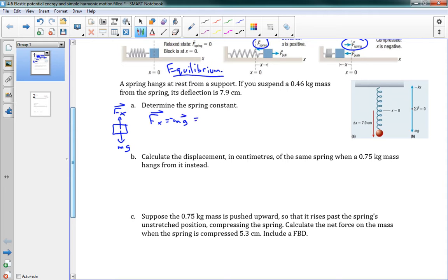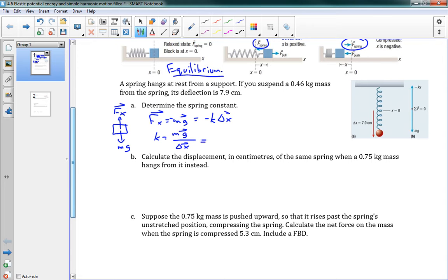And we can go ahead and solve this now. Fx is equal to negative k delta x. So if we want to find the spring constant k, it's going to be negative mg over negative delta x. So we get mg over delta x.